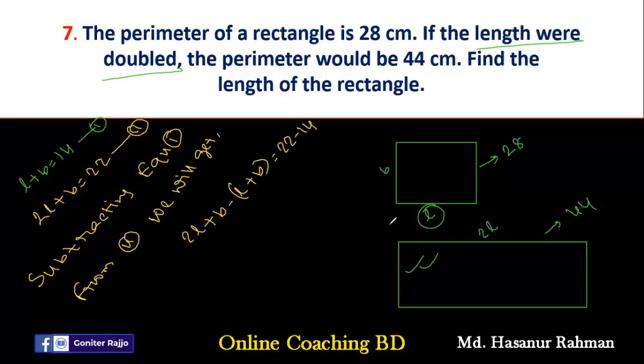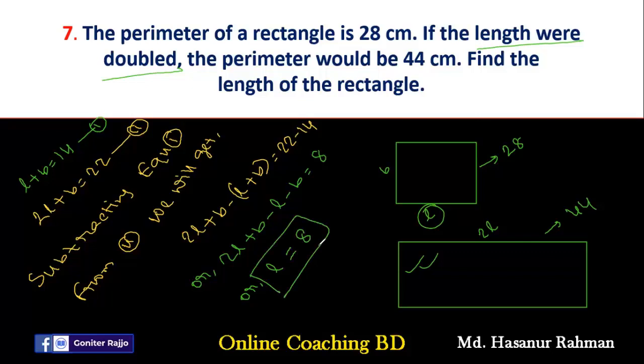Now we remove the brackets. So 2L plus B minus L minus B will be 22 minus 14, that is 8. Now 2L minus L will be only L, and B minus B will be 0. So the value of L will be 8. So the length will be 8.